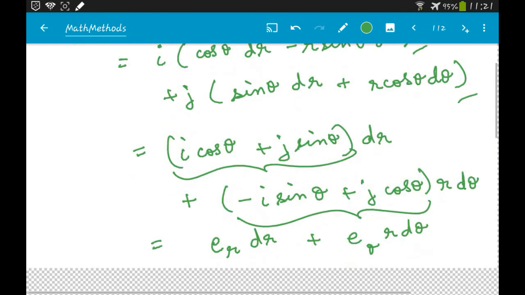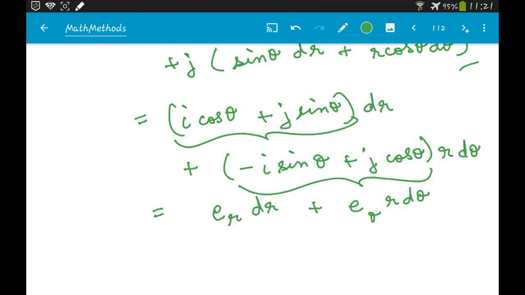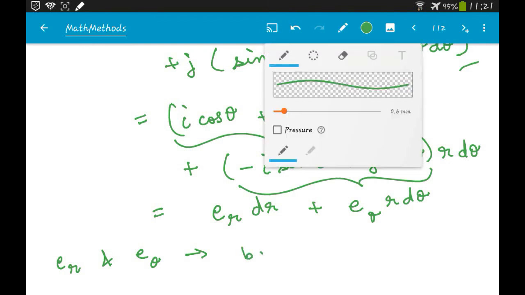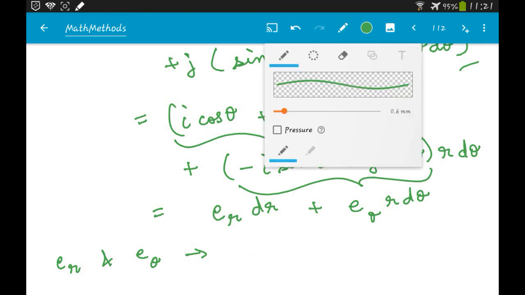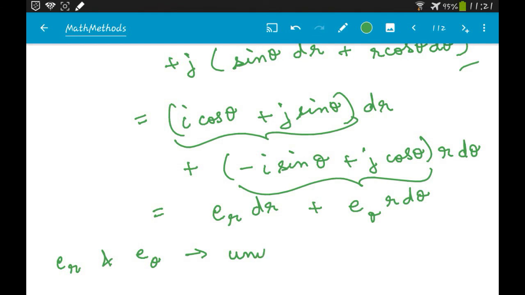Okay. So this e_r and e_theta are basis vectors, unit basis vectors.